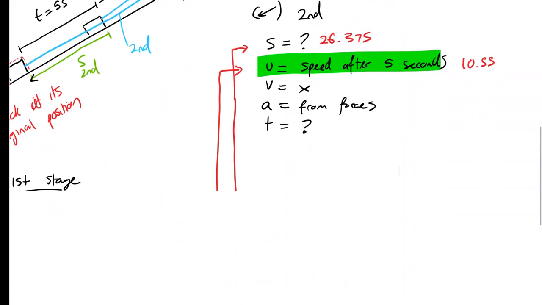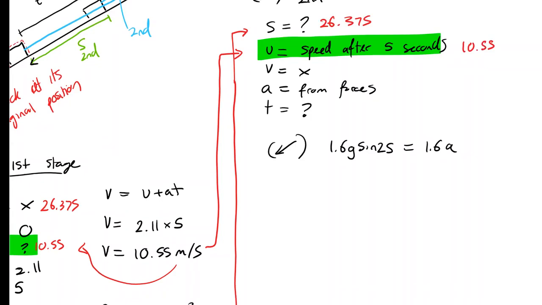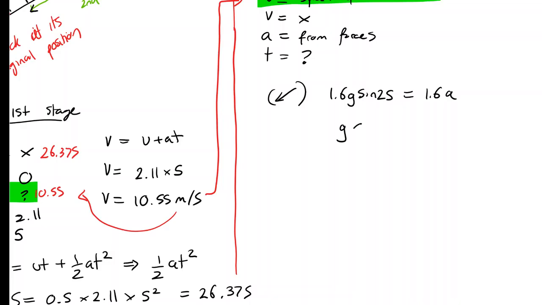But here, we're going to resolve down the slope to follow the SUVAT it goes with. So we have 1.6 g sine 25 is equal to 1.6 a. That's ma, the mass is 1.6 kilograms. Sorry, a is g sine 25. That is 4.14 meters per second squared.